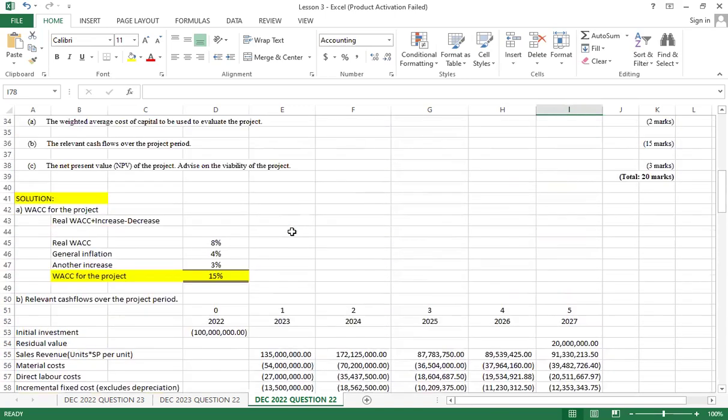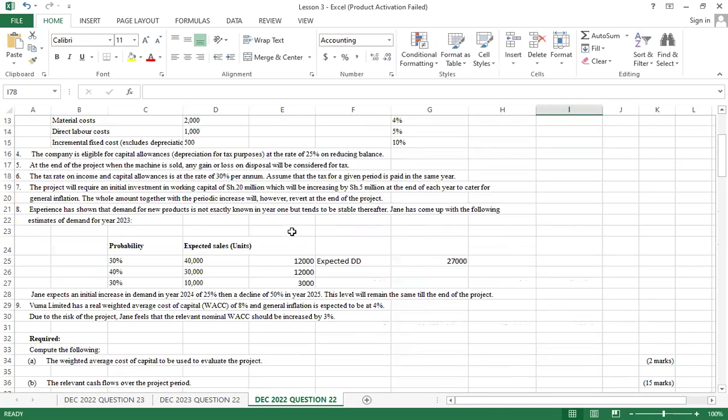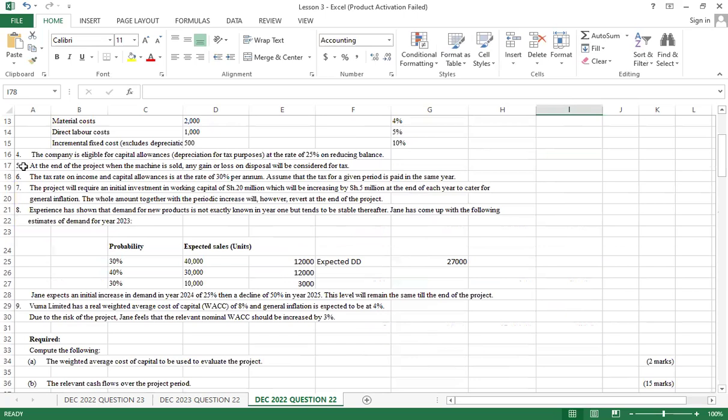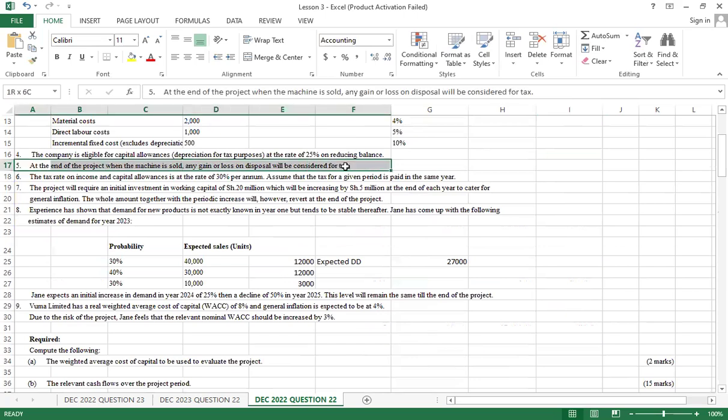Now, what were we told about the disposal profit or loss? Let's go back to the question and look at note number 5. What are we told here? That at the end of the project, when the machine is sold, any gain or loss on disposal will be considered for tax.